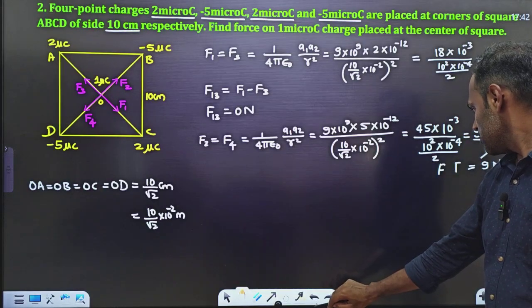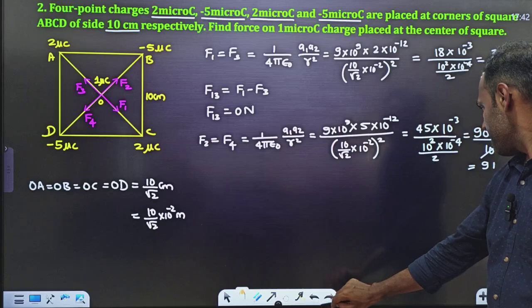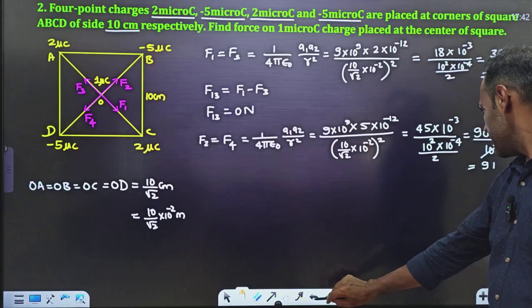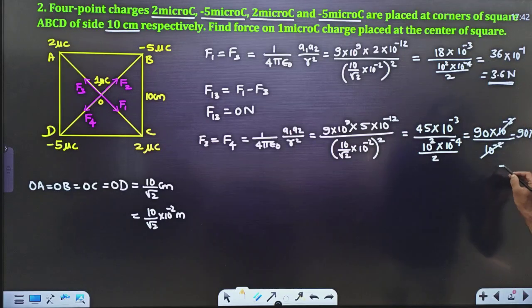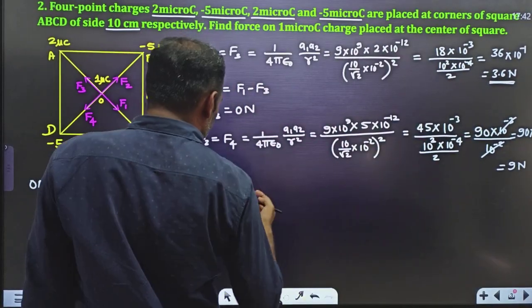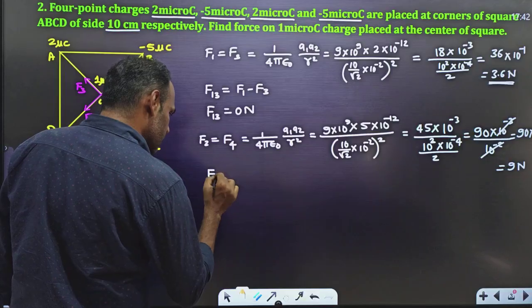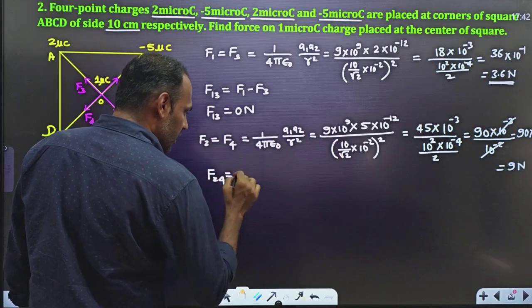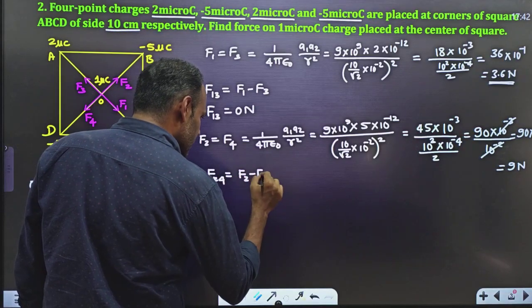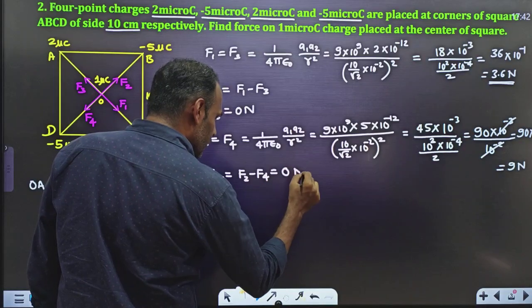Okay. So this is 9 Newton. Let me write the answer here. F2 is also 9 Newton, F4 is also 9 Newton. So the resultant of these two, I will call it F24. F24 will be equal to F2 minus F4, which is equal to 0 Newton.